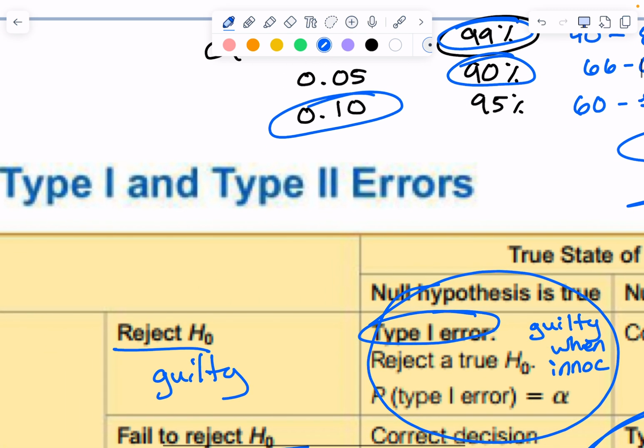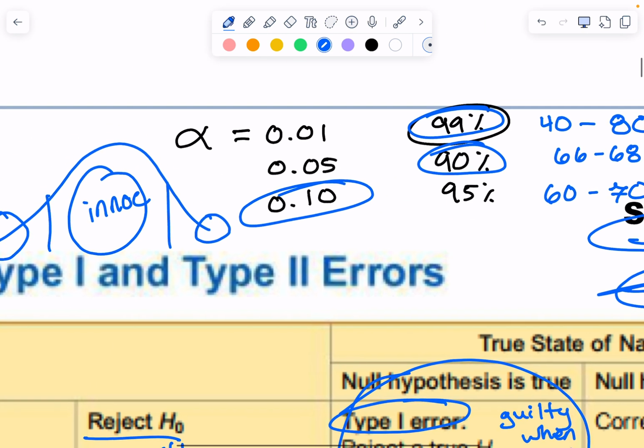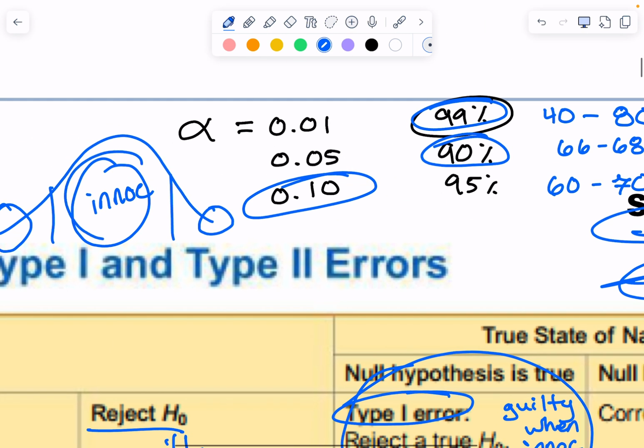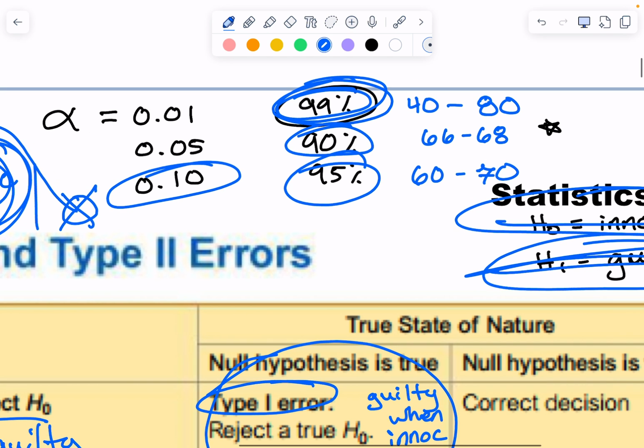Okay, 10% is going to widen your range, right? So innocent lives here and guilty lives here and here. If you're okay with innocent and not okay with wrongful conviction, you're going to make your window larger versus smaller according to that. So you're going to adjust your significance level.